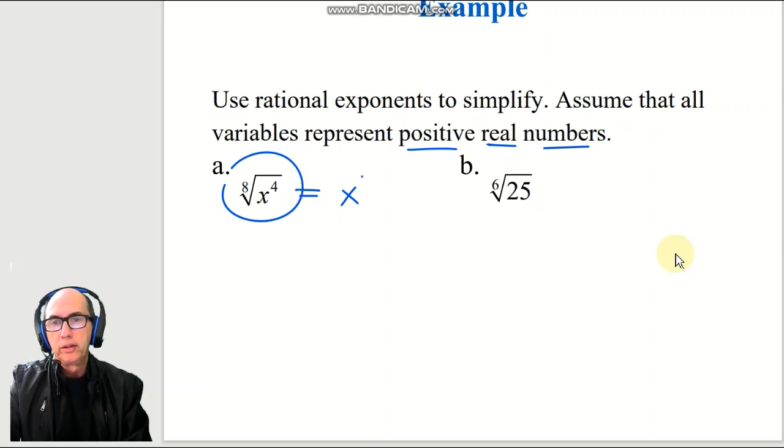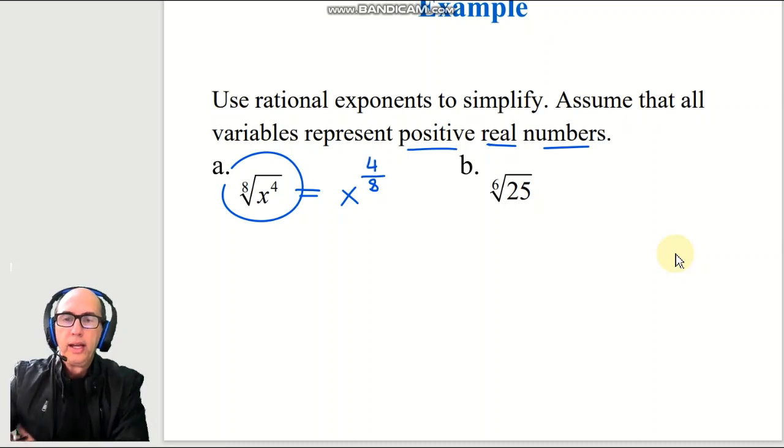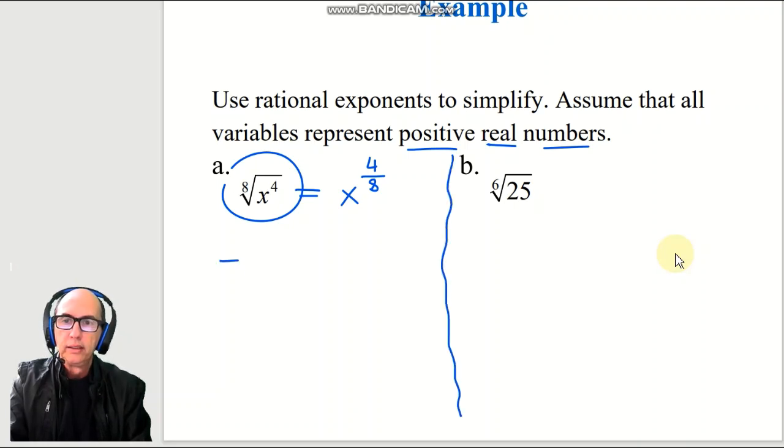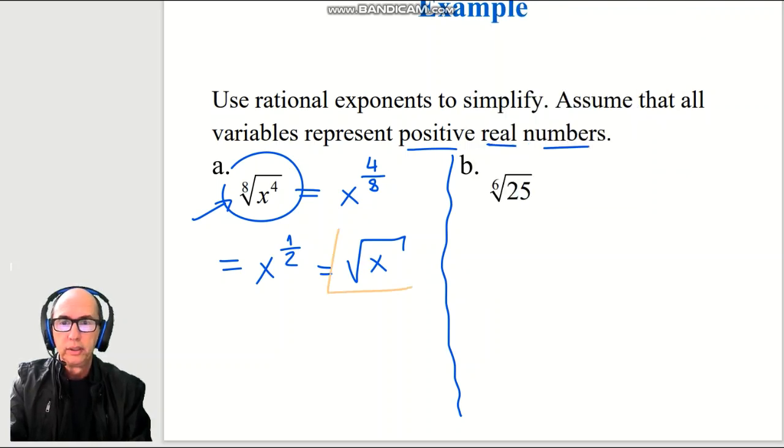The denominator will be the index, the numerator is the power, and we can simplify, right? Because we know that 4 over 8 is, yes, x to the power 1 over 2. And now we have square root of x. So we can rewrite it as a much simpler expression, that square root of x.